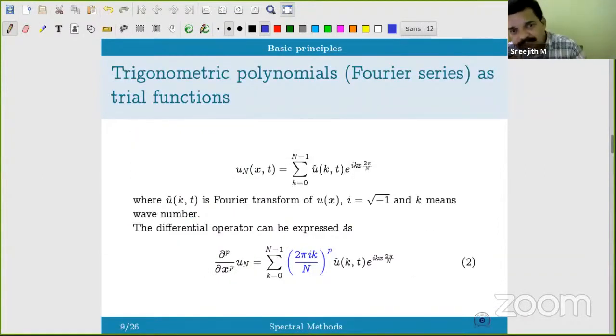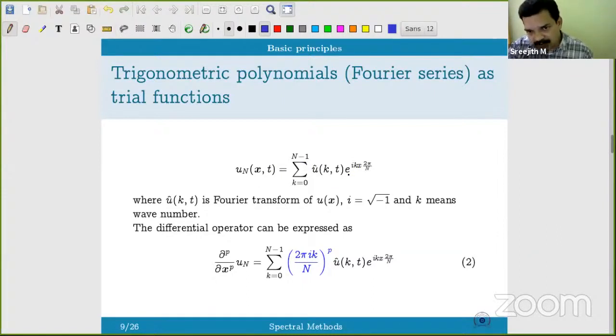If you use trigonometric polynomials, say Fourier series, as trial function, it is known as the Fourier Spectral Method. Here the trial function un of x,t is taken as a sum.